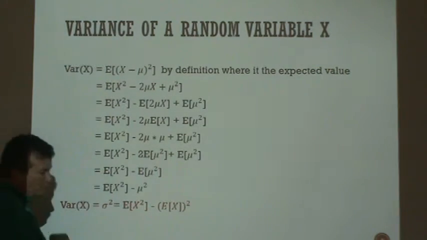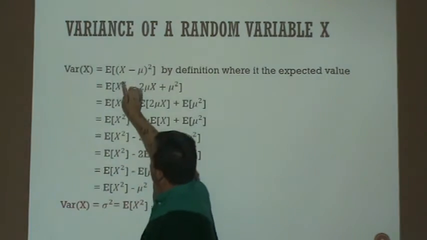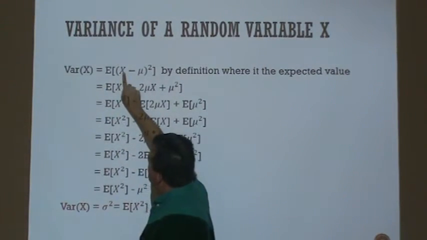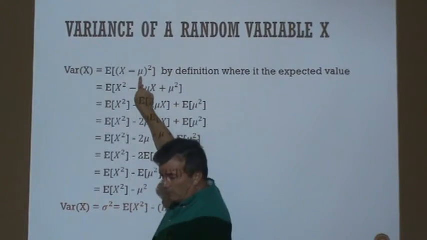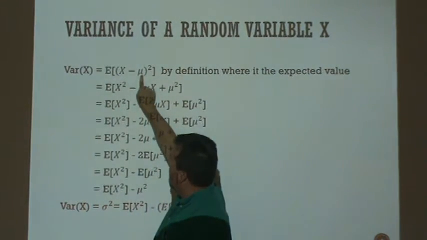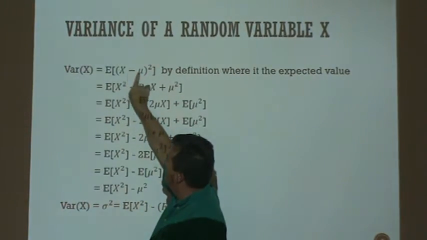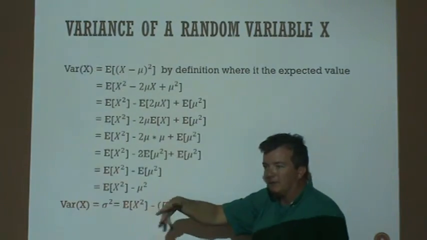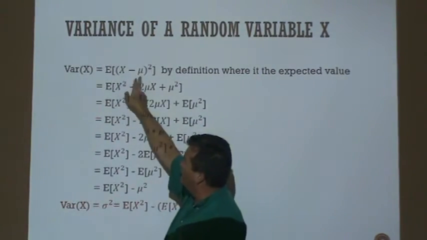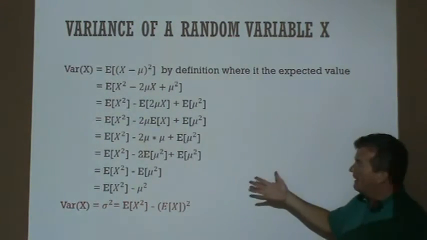So for example, if you rolled a dice and a 2 came out, this value would be 2 minus 3.5. 3.5 is the average, so we would calculate the expected value, that would be 3.5. And then you rolled a 2, so the difference would be 1.5, and then we would square it. By squaring it, we get rid of a negative sign, right? It could be negative if we're below the average, and it could be positive if we're above the average. And we square it, so that eliminates the negative sign.